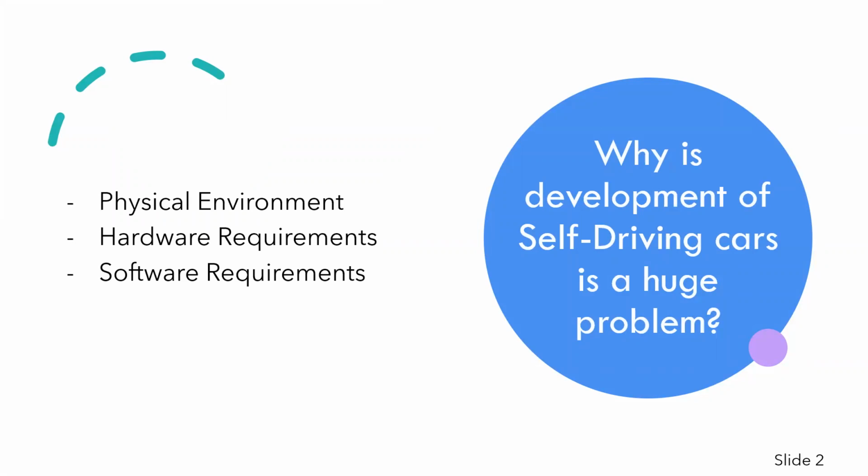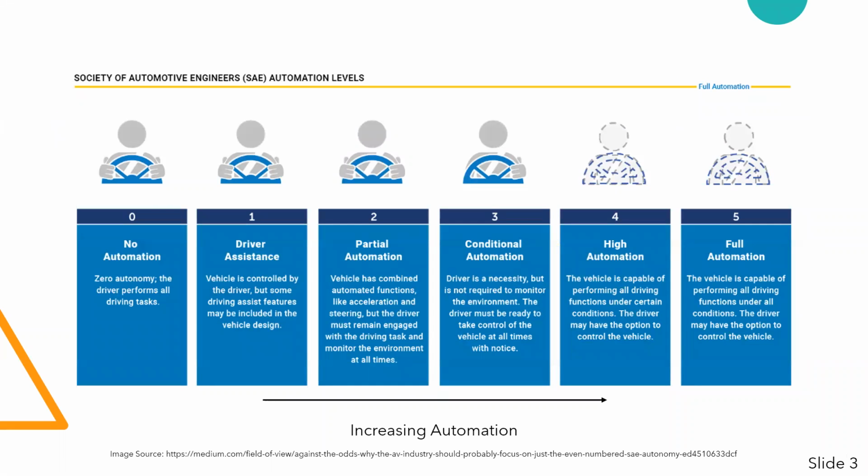The requirements can be defined upon defining the end goal of the system, which we can get from SAE's levels of autonomy. SAE has defined six total levels of autonomy from level 0 to level 5, with an increase in each level corresponding to an increase in automation and thereby an increase in complexity of the software.